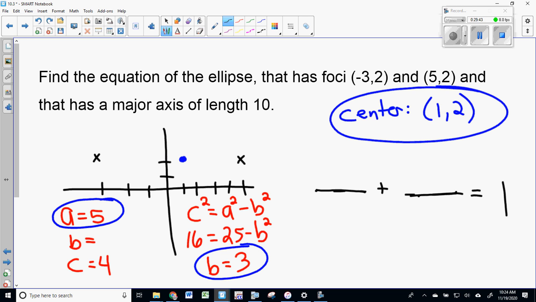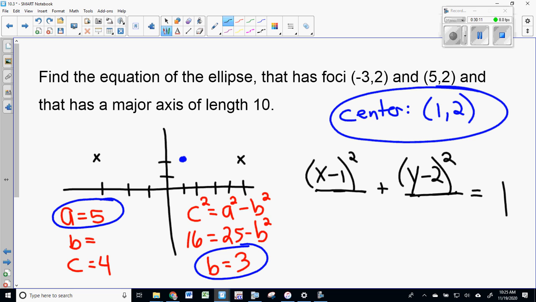Now, with our center, we get to there. We know our A is 5, but is it under the X or is it under the Y? Well, how do we know? The foci are over here.